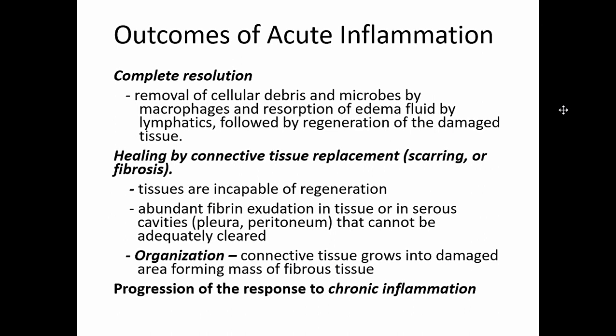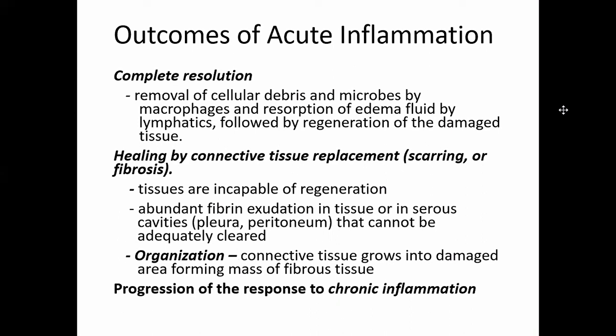The acute inflammatory reaction typically has one of three outcomes. One is complete resolution, wherein the removal of the cellular debris and the microbe by the macrophages and resorption of edema fluid by the lymphatics are followed by regeneration of the damaged tissues.